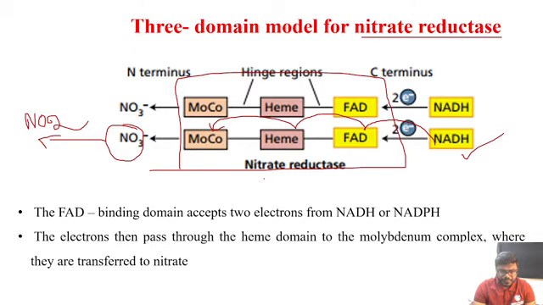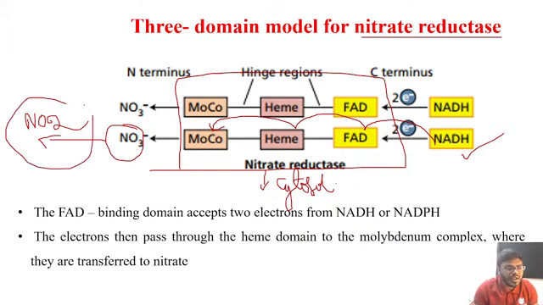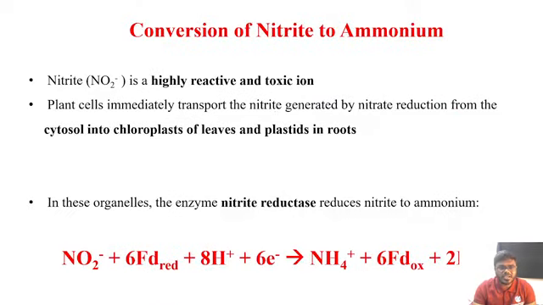So friends, listen, where is this particular nitrate reductase present? In the cytosol. So friends, where does this production of NO2 occur? In the cytosol. But you tell me, do you think we can store the NO2? No, not at all. Friends, just now I said to you, NO3 is toxic.